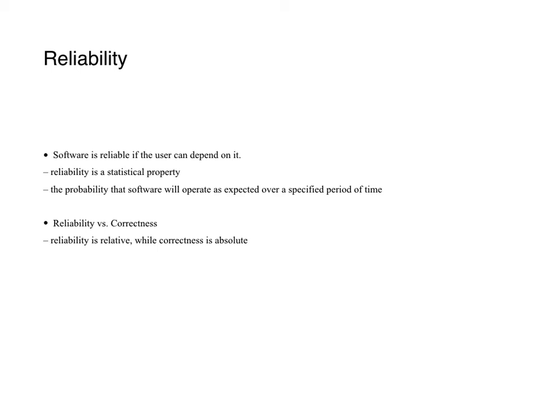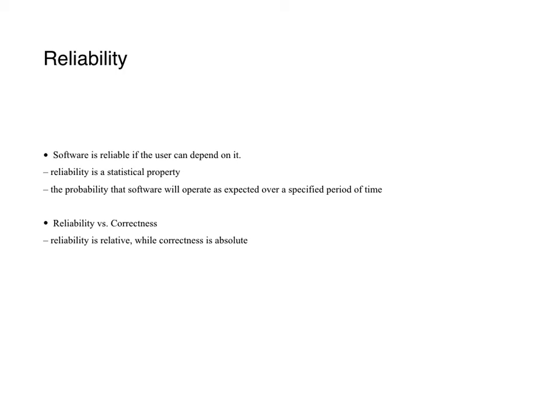Now let's talk about another quality, reliability. Software is reliable if the user can depend on it. You can depend on the system when your system, including hardware and software, will satisfactorily perform the task for which it was designed or intended, for a specified time and in a specified environment.